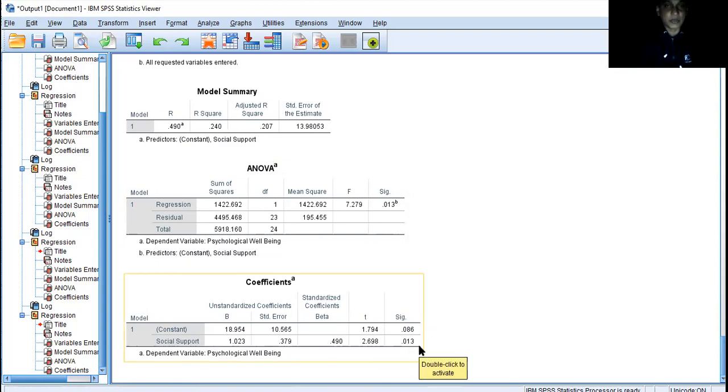So here, if the significance value is less than 0.05 or even equal to 0.05, we are going to accept the alternate hypothesis. So this answer is suggesting that there is a meaningful prediction of the criterion variable because of the predictor variable. That is what is being proved.